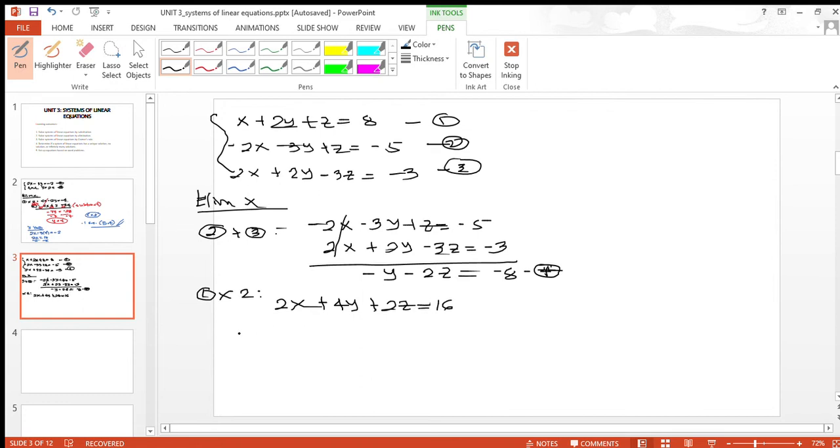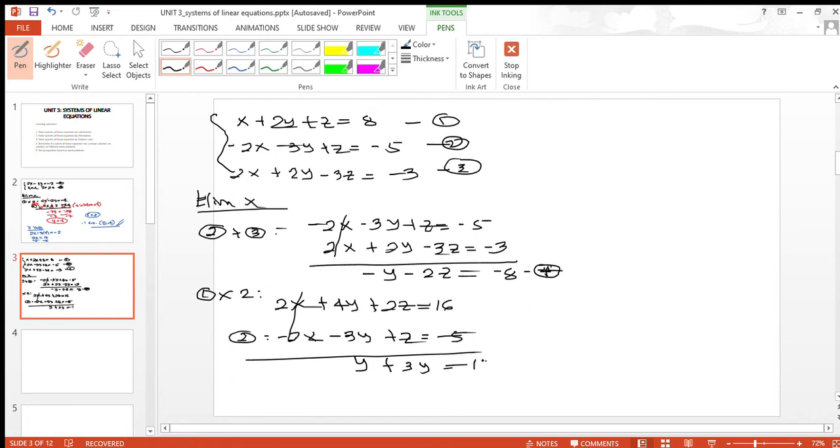And then equation 2, we have minus 2x minus 3y plus z equals minus 5. Opposite sign, so we just add. That will be 0. That will be y. This will be 3z. And then this is 11. Let's call this equation 5.